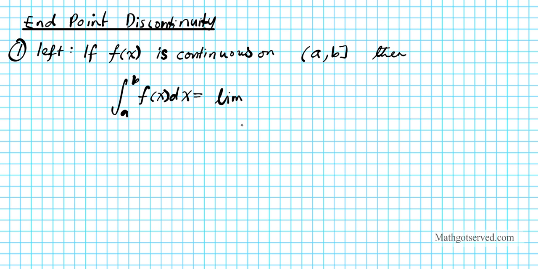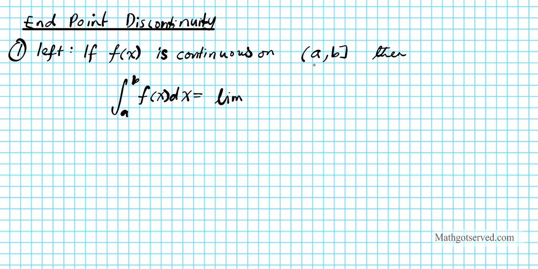Now let's take a look at what's happening before we complete this formula real quick. You notice that this is an interval that's discontinuous on an endpoint, namely a. A is open, so a is not included.